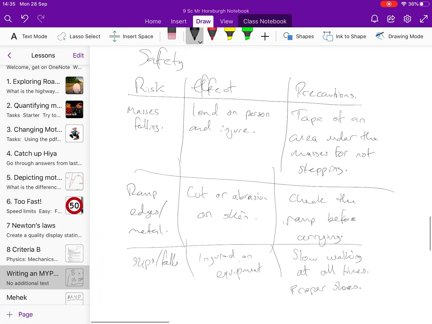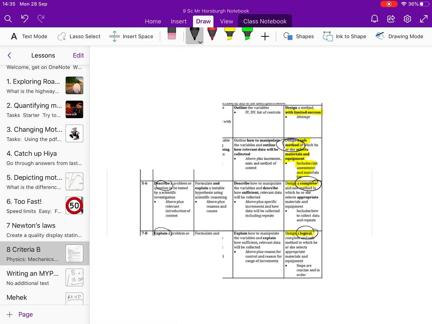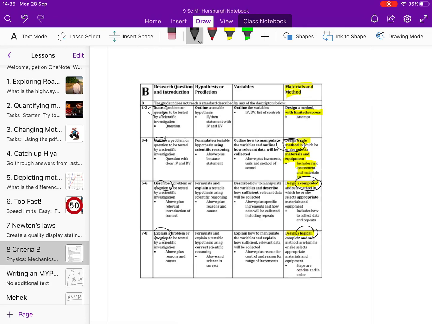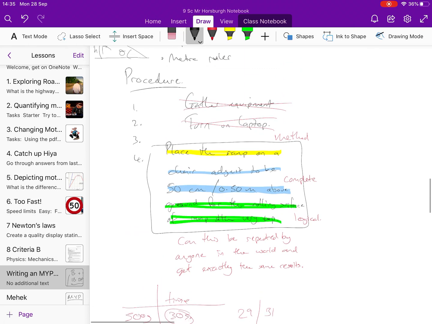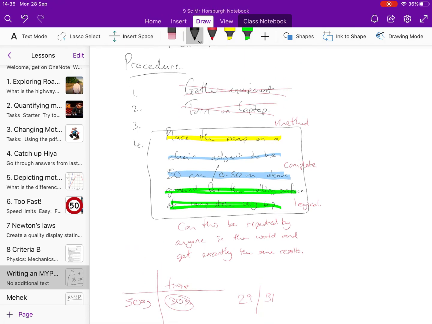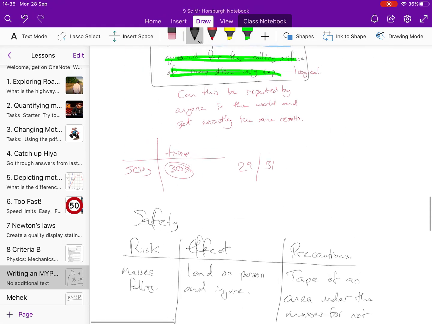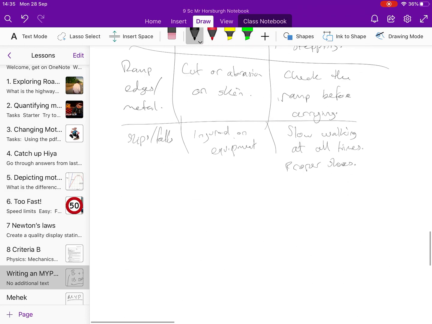So that's the full criteria B then. Remember that in your method, I just noticed, in your method you want to be talking about the final stages of the method.